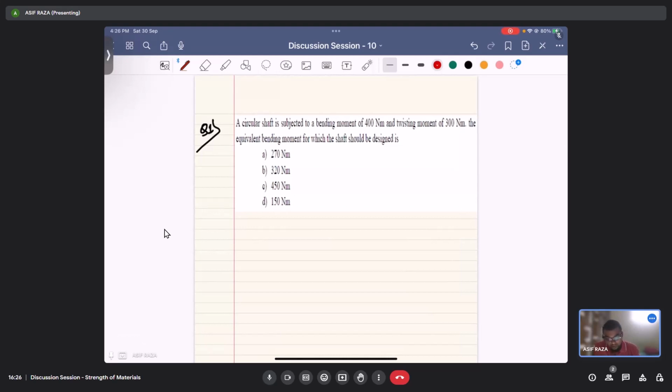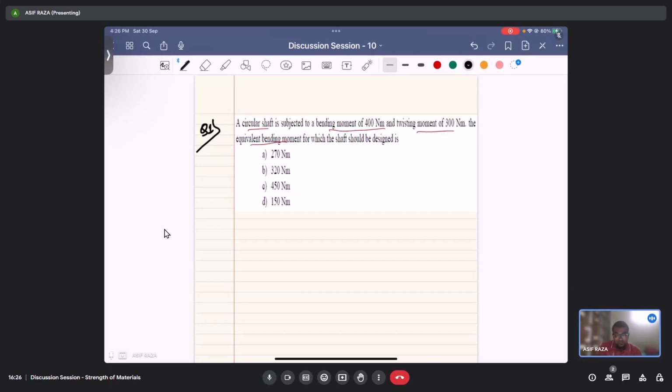The question is, a circular shaft is subjected to a bending moment of 400 Newton meter and twisting moment of 300 Newton meter. The equivalent bending moment for which the shaft should be designed is. So the question is for the circular shaft itself, and we need to find the equivalent bending moment.